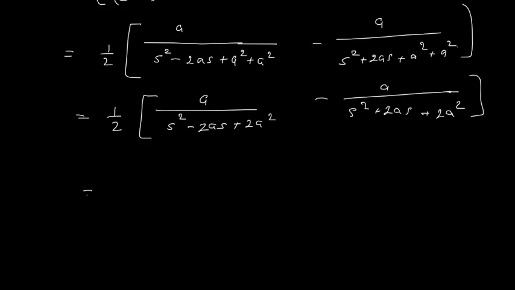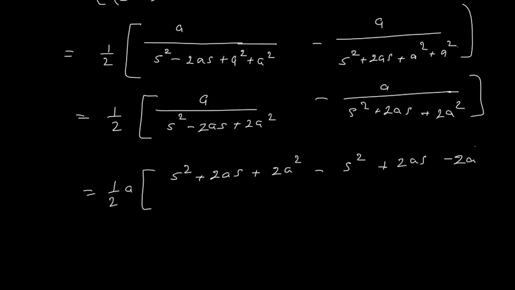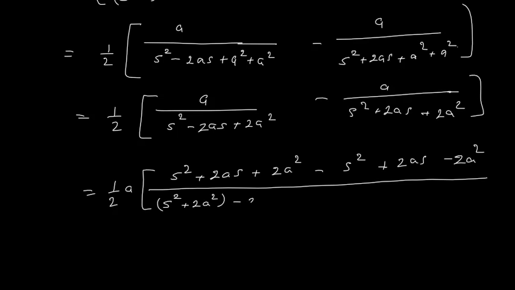I can take a common now, so 1 by 2a we will take common, and when I cross multiply, here I will get s square plus 2as plus 2a square, then I have minus s square minus 2as plus 2a square, and in the denominator I have s square plus 2a square minus 2as into s square plus 2a square plus 2as.